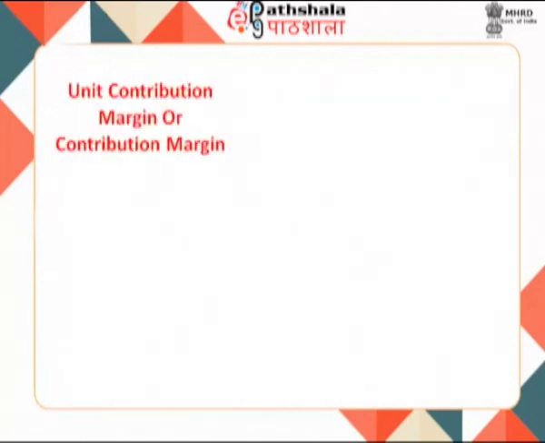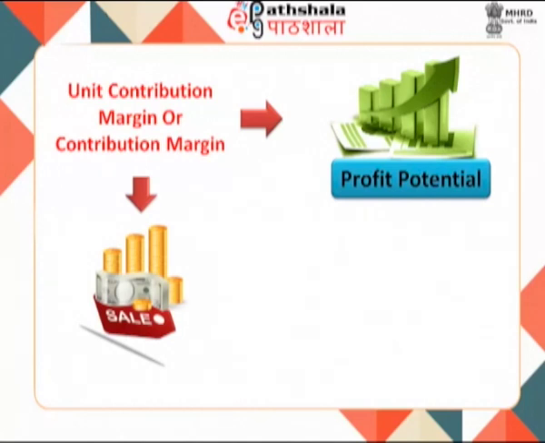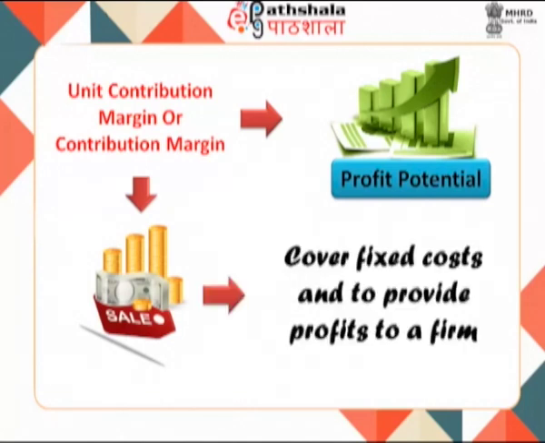Unit contribution margin, or contribution margin on per unit basis, also indicates the profit potential of a product or activity. The unit contribution margin is the money available from the sale of each unit to cover fixed costs and to provide profits to the business firm.